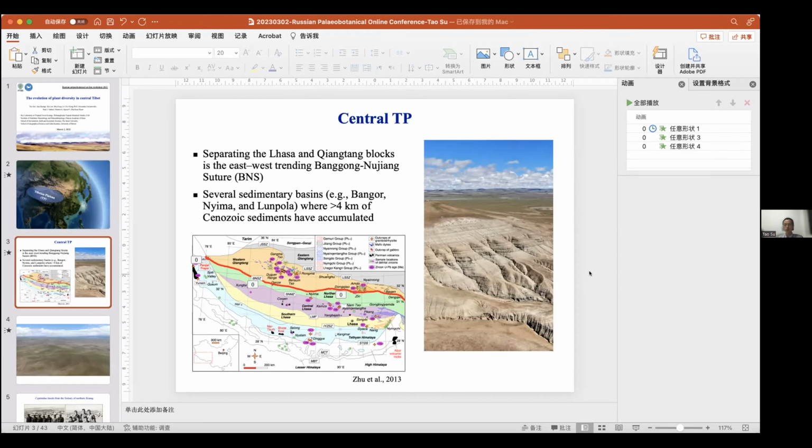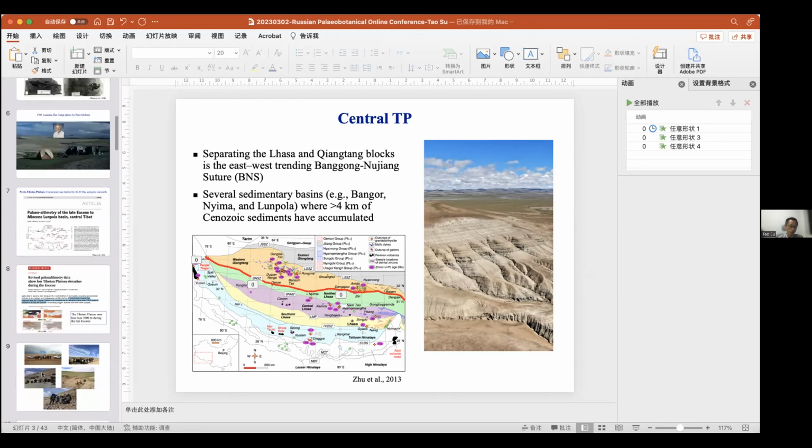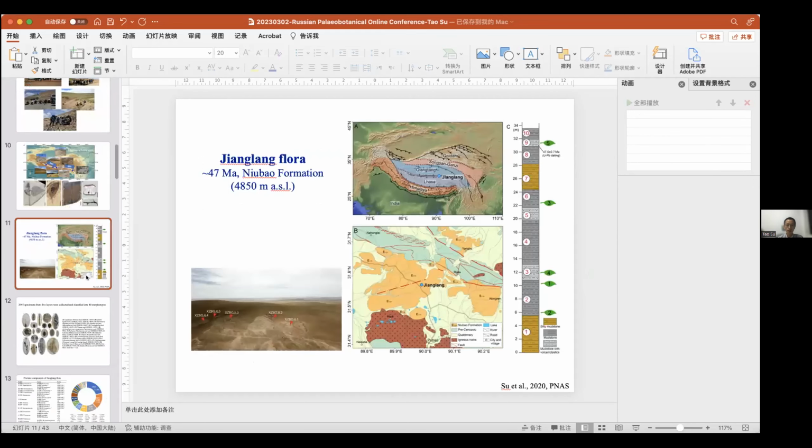Most parts of the Niubao Formation are red sandstone, and we could not find any plant fossils in these red sandstone layers until now. So as I showed you, the Jianglang flora is the oldest flora in the central Tibetan plateau, to our knowledge now.